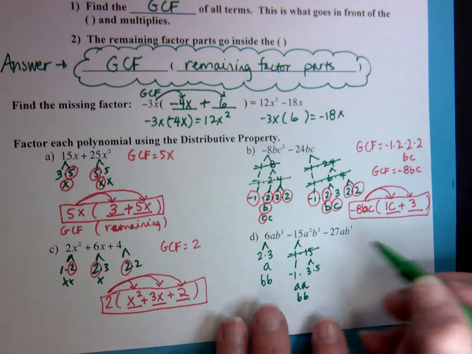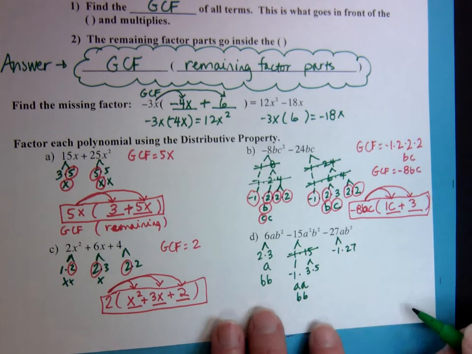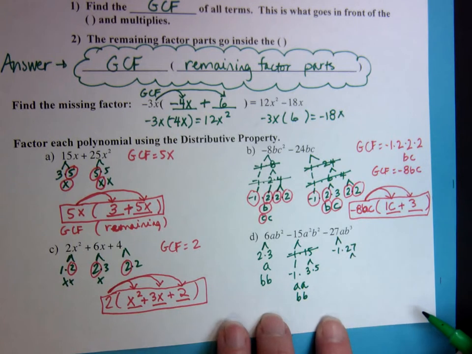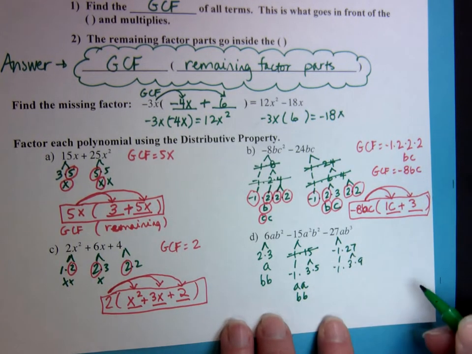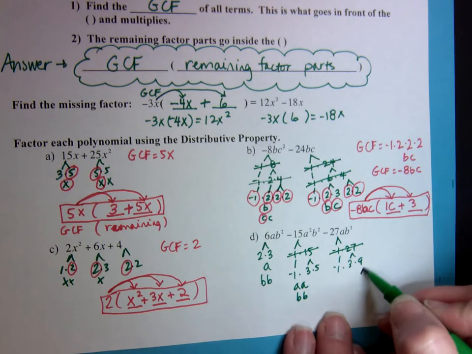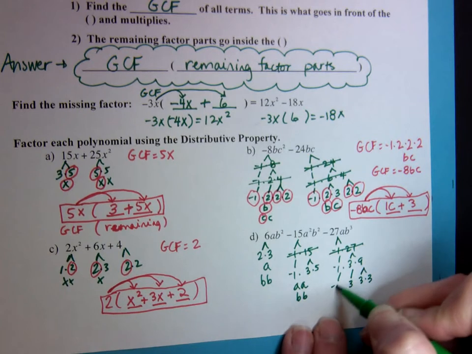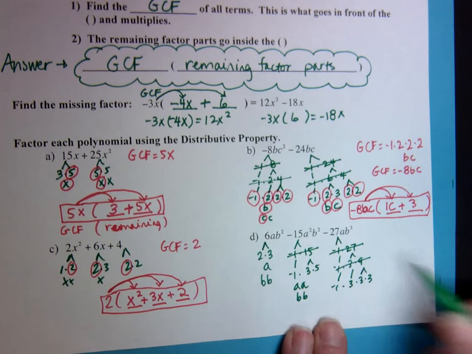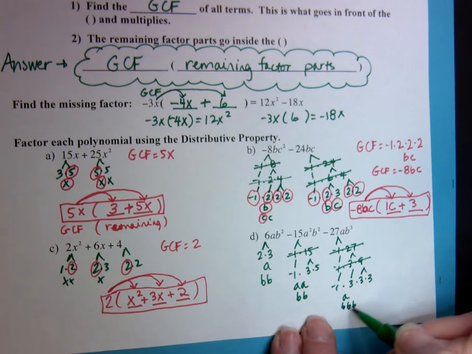And then for the negative 27, we have negative 1 times 27. The 27 can break to 3 times 9. And then we can cross out that first level. Am I done, or do I need to keep going? The 9 can be broken down. 9 can break down to 3 times 3. Bring down the 3, bring down the negative 1. And then we have 1a and 3 b's.